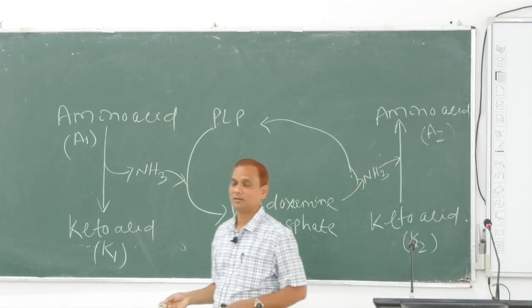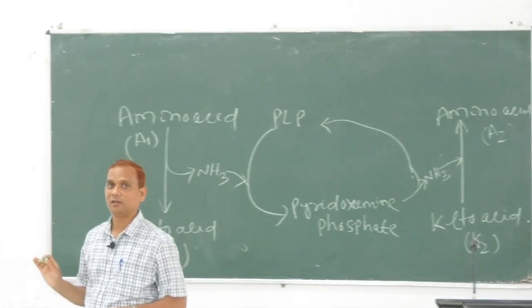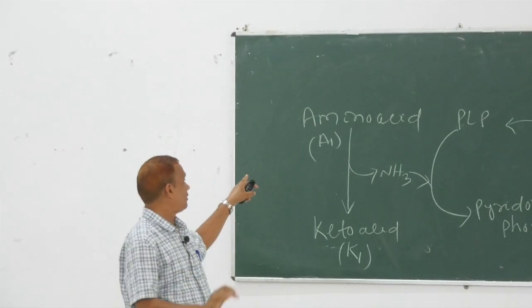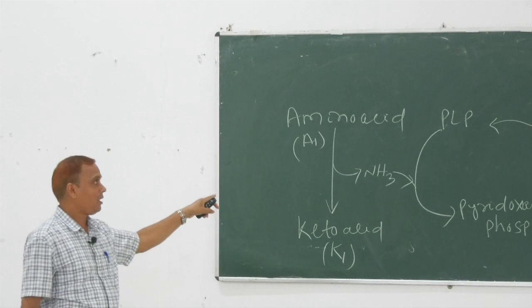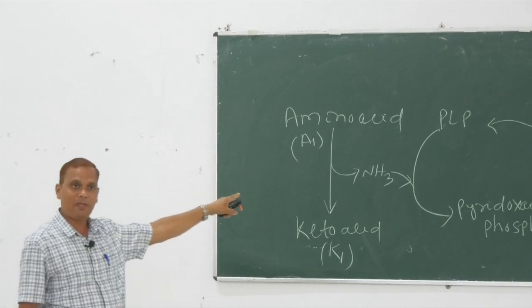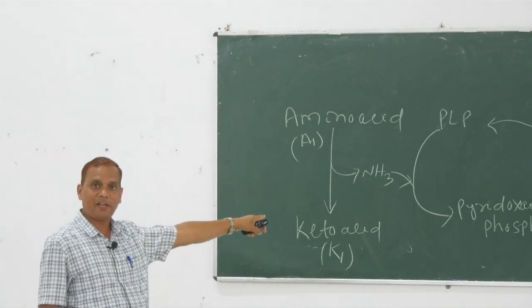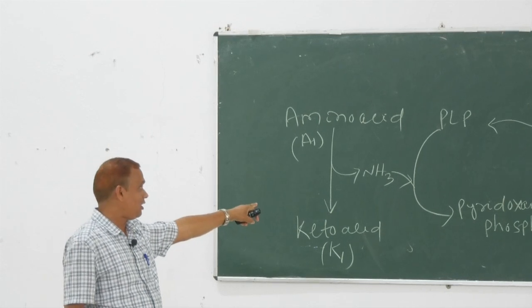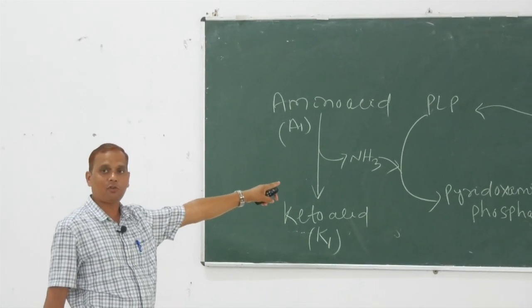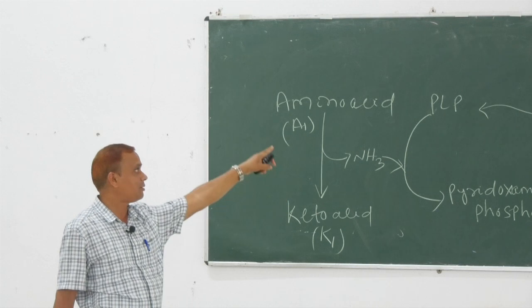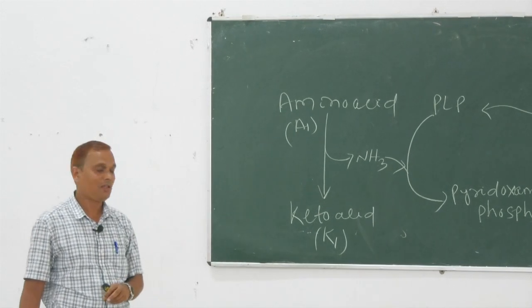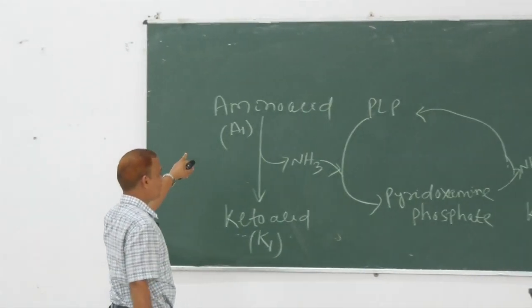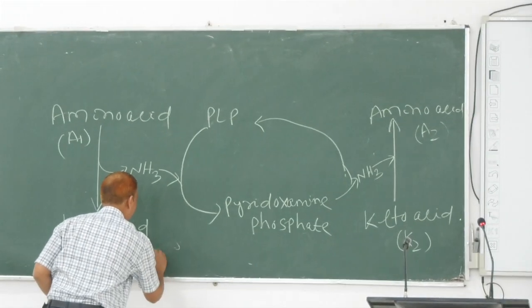Understand? Have you understood? So from the amino acid, the amino group will be carried by PLP. PLP becomes pyridoxamine phosphate, and then pyridoxamine phosphate will donate the amino group to a keto acid. That keto acid becomes an amino acid. Understand? So A1 plus, anybody can tell?